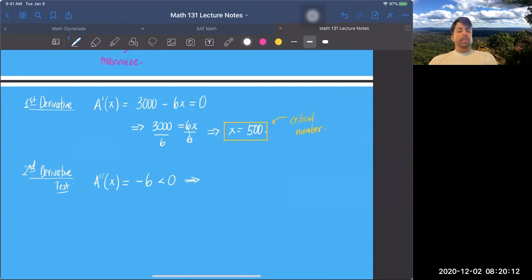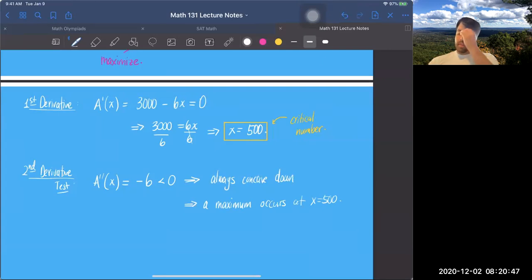If your second derivative is always negative, no matter what the x value would be, then it's always concave down. If I have a function that's always concave down, and there's one critical number, then that critical number must be the maximum. So a maximum occurs at x equals 500. We know for a fact that the maximum of the area occurs when x equals 500.